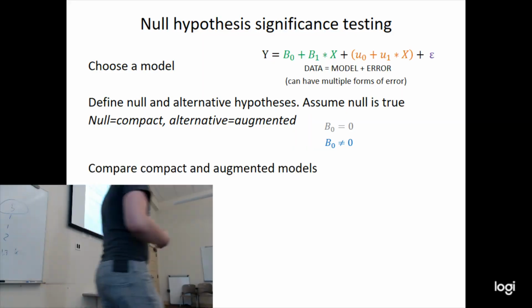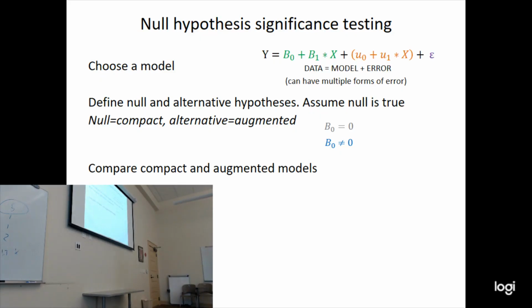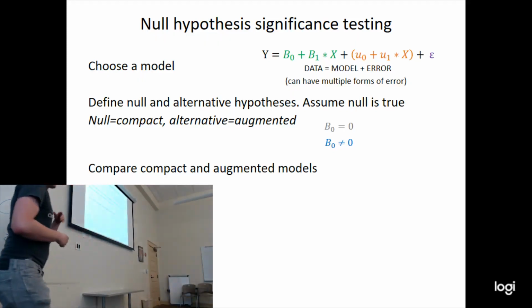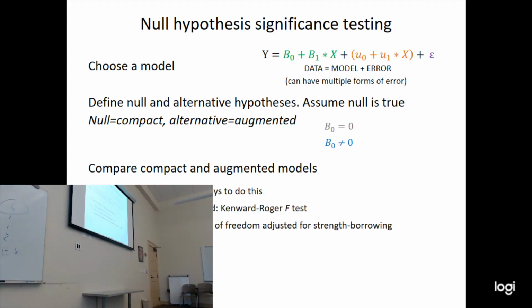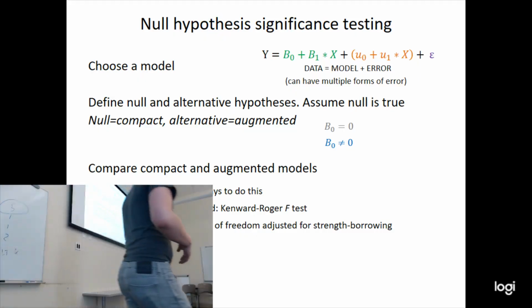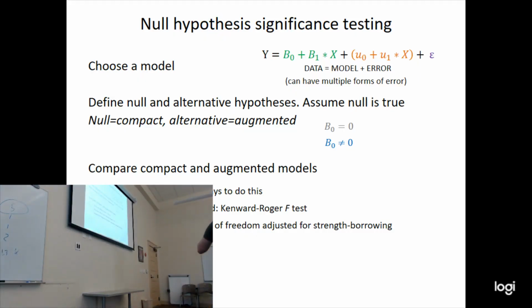Next, you have to use some sort of statistic to compare your compact and augmented models. And here's another place where the procedure that we're using now is different from other procedures that we've considered before. There are lots of ways to compare models when you're using linear mixed effects models. This is another of those active areas of methodological research.